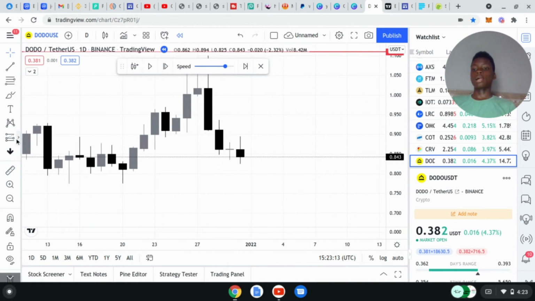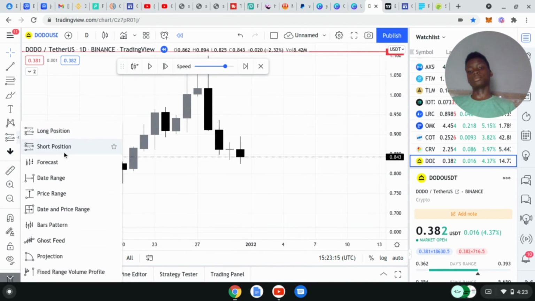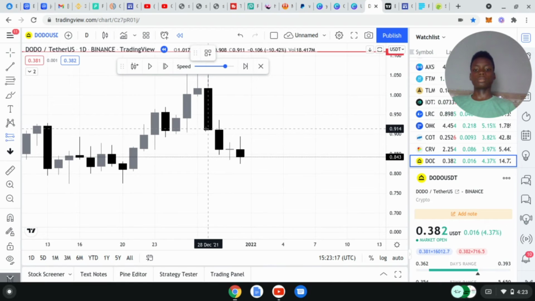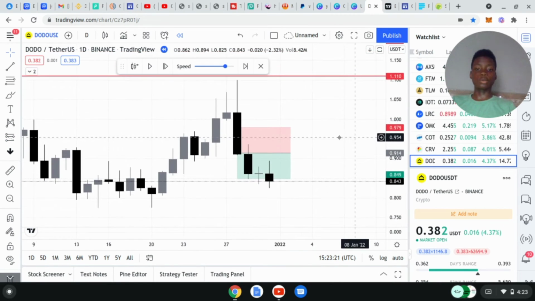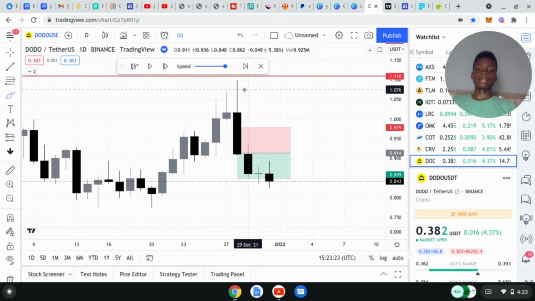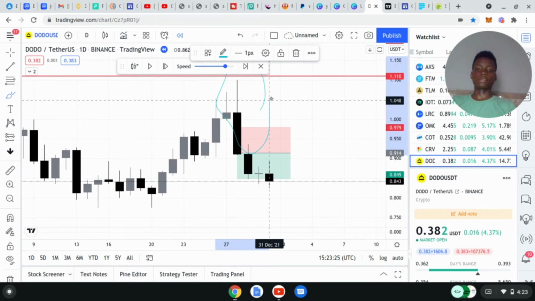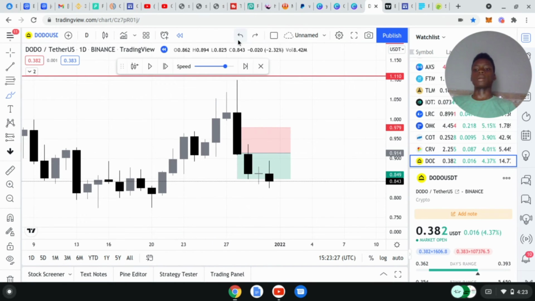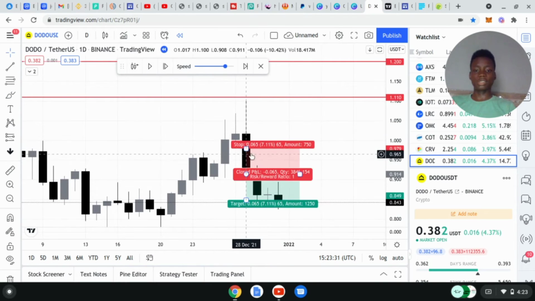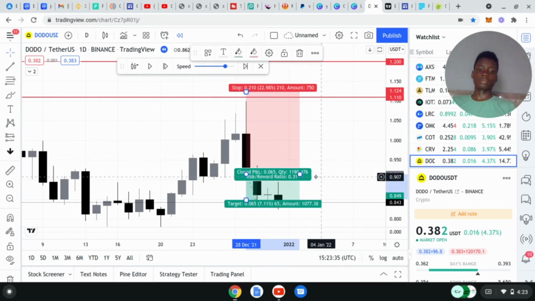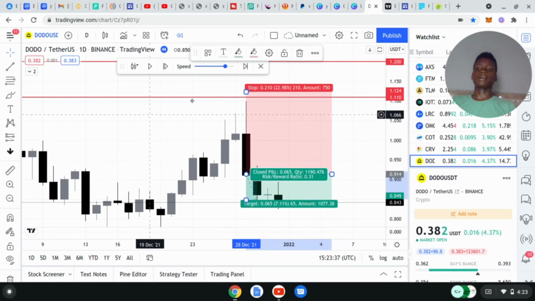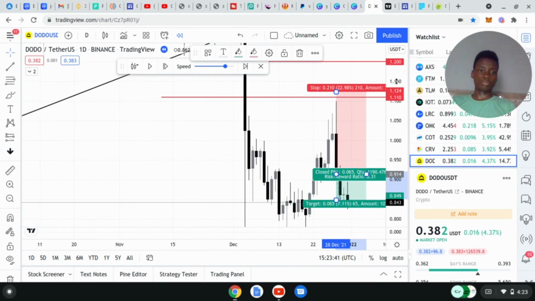So I will take my entry now somewhere around here, at the close of this big black candle. My stop loss will be above this same candle, somewhere here above that candle. Then I can target the next support.